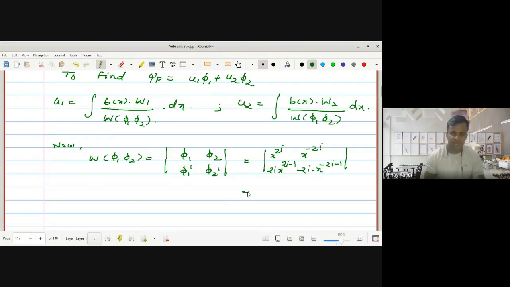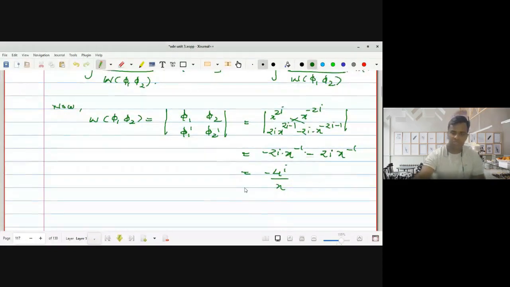After solving this, by cross multiplication we get minus 2i into x raised to minus 1, plus, the other term minus cancels, x raised to minus 1. So here you get minus 4i into x raised to minus 1, which is nothing but minus 4i divided by x. So this is the value of rho square.